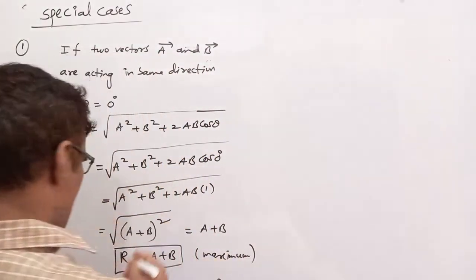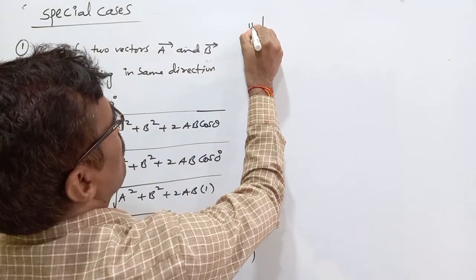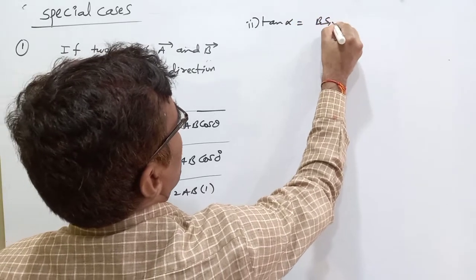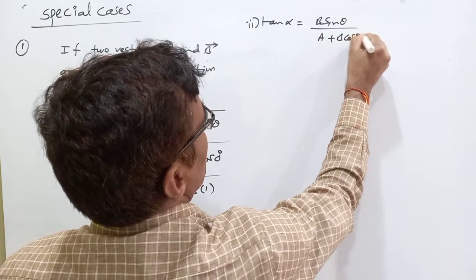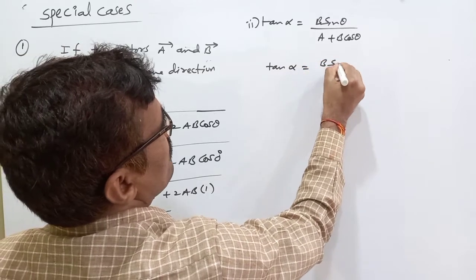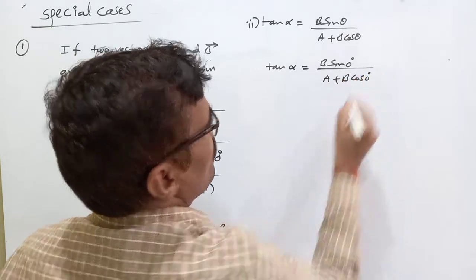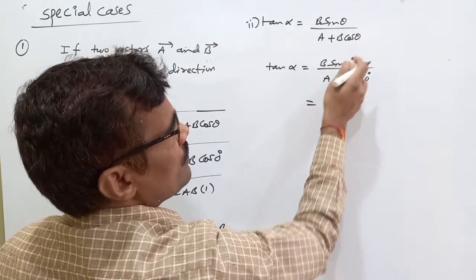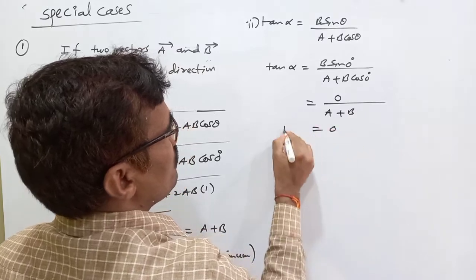Now apply the formula for direction. Listen, students. Tan alpha is equal to B sin theta by A plus B cos theta. So tan alpha equals B sin 0 by A plus B cos 0. B sin 0 is 0, so B into 0 is 0, and 0 divided by A plus B is 0.